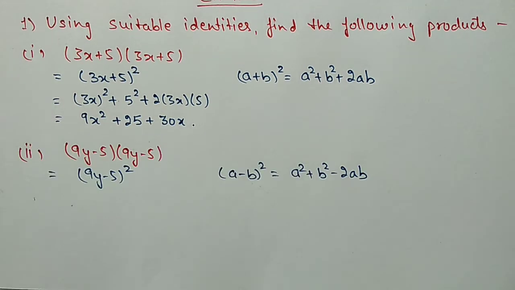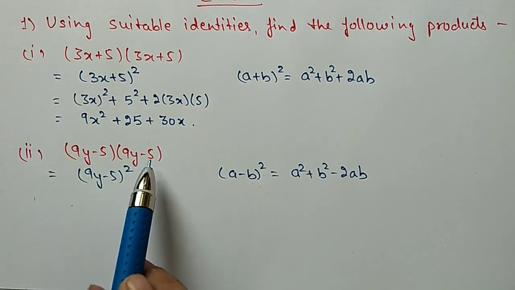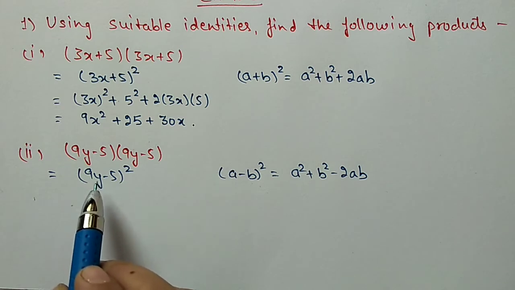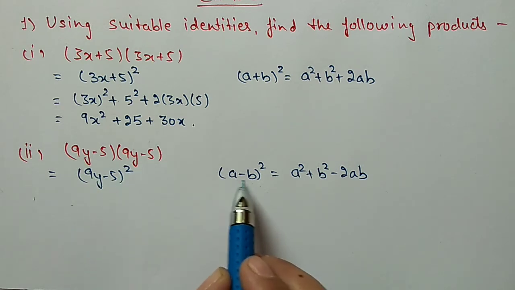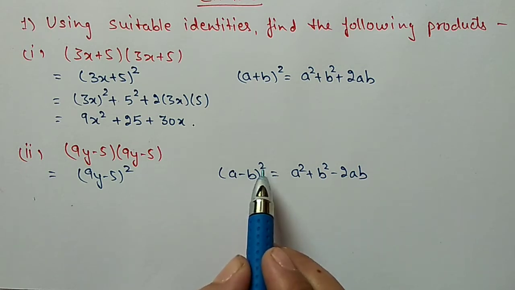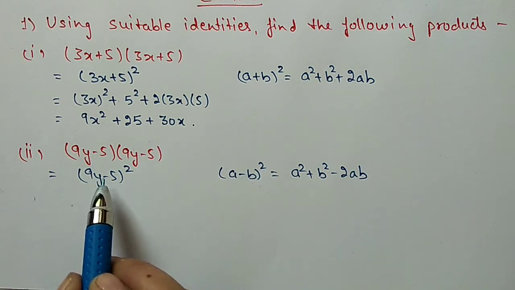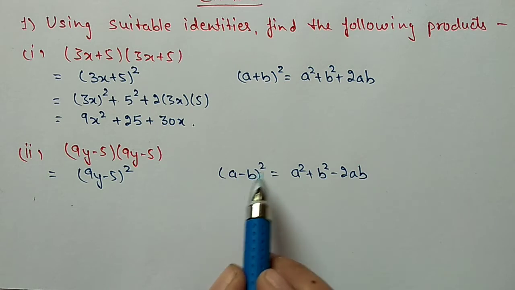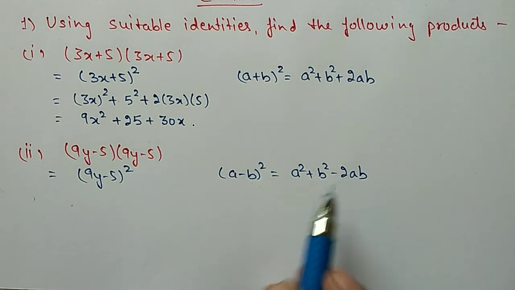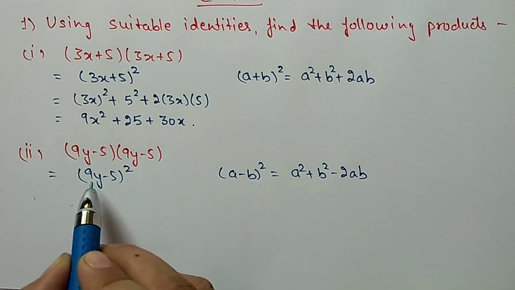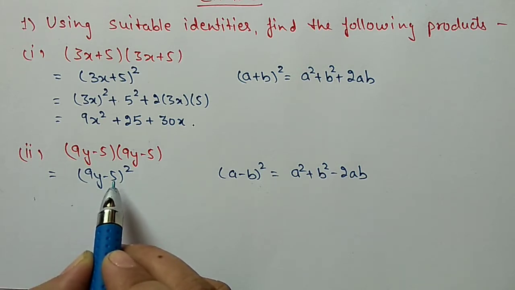Second part, 9y minus 5 into 9y minus 5, which we can write as 9y minus 5 whole square. It means we have to use the a minus b whole square property, because in between a minus symbol is there. So a minus b whole square is equal to a square plus b square minus 2ab. In place of a we have 9y, and in place of b we have 5.